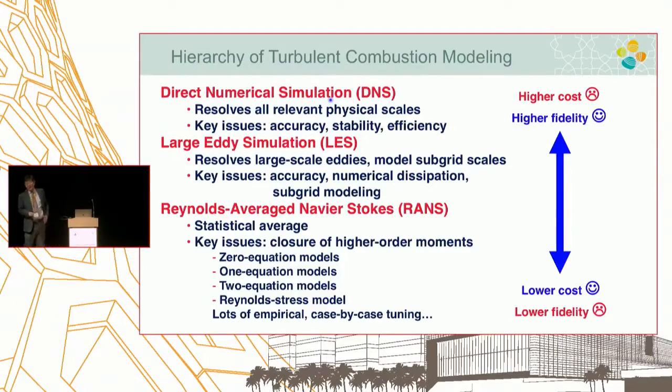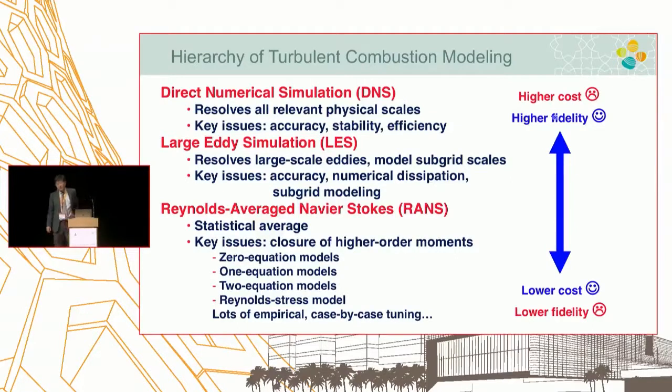So actually your resolution requirement is even more. But we still want to resolve everything, and so there are no modeling issues anymore. All you need to pay attention to is to make sure your solution is accurate, that it's not swamped over by numerical dissipation and so on. So it is usually the highest cost simulation.